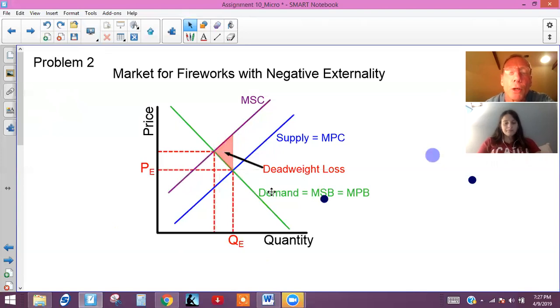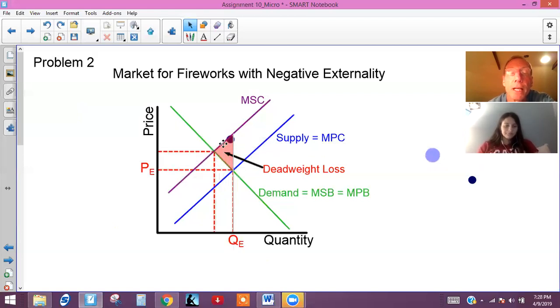So you want to draw it in where you use the triangle here between where, if you go straight up from where they would produce in the market right here, and then go straight up to where you've got your marginal social cost curve up here, and then draw the triangle in right there.